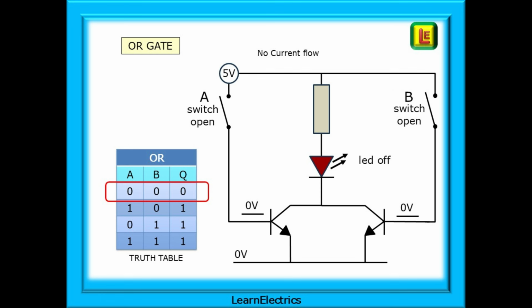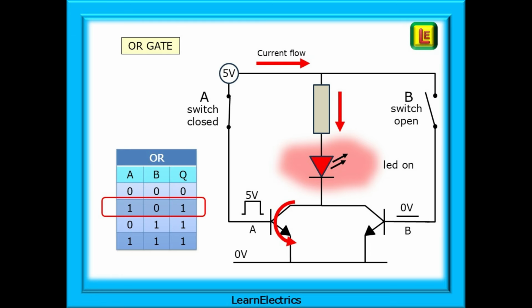But it can't. Both transistors are turned off, and with a high resistance on each, current flow is inhibited. This is equivalent to the first line of the truth table on the left. Input A equals 0, input B equals 0, so output Q is also 0.